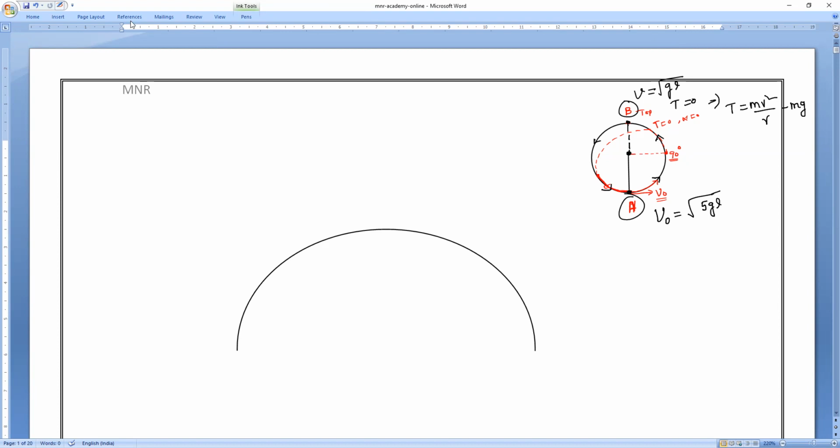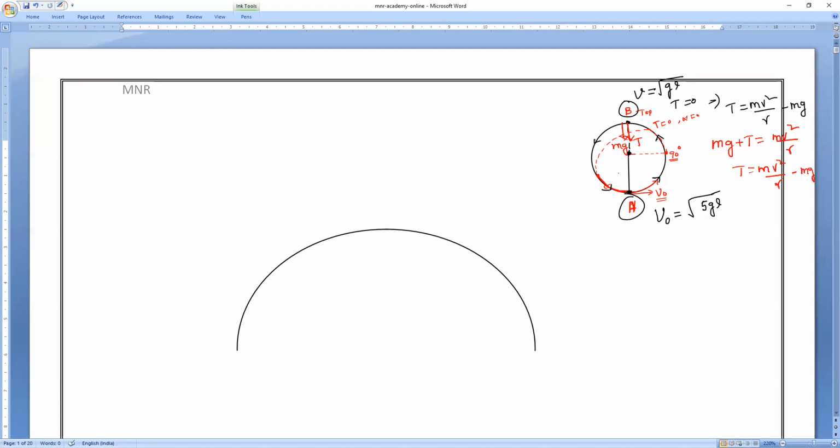Because at that place the tension is acting in the downward direction, and mg, the weight of the body, is also acting downward. So mg plus T equals the centripetal force along the radius. So tension is equal to mv squared by r minus mg.